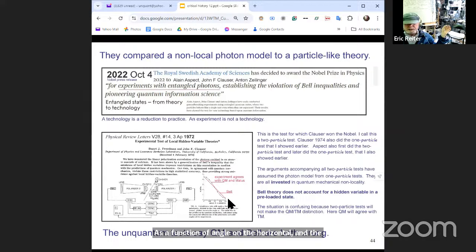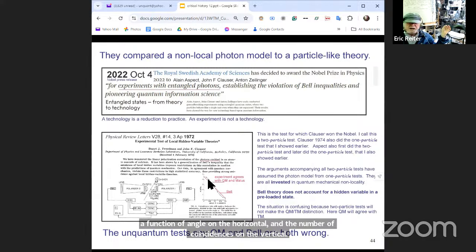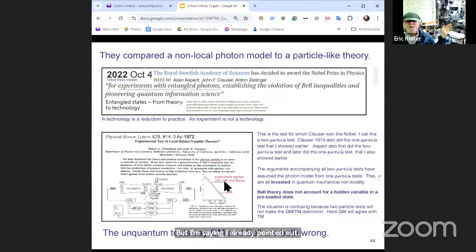Bell's theorem predicts a straight line, and this is where they say quantum mechanics does not conform to Bell's theory. But I already pointed out, well, there's probably something wrong with Bell's theory. It's important to understand here that the experiment, quantum mechanics, the law of Malus, and the classical understandings all agree with this curve. It's only Bell's theorem that disagrees.